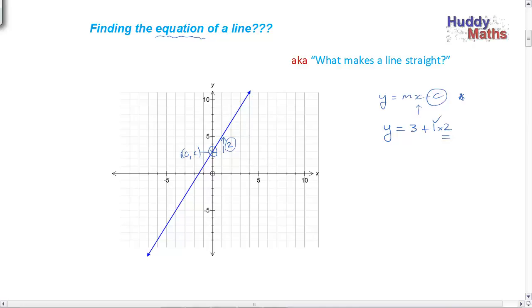So here, let's just go again. Go one more for x, and it goes another 2. So now the y value's grown to 3 plus 2 lots of the slope. And then if we go another one in the x, the y's gone up to 3 plus 3 lots of the slope.